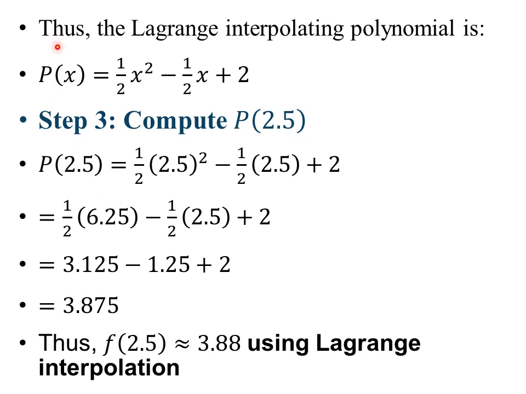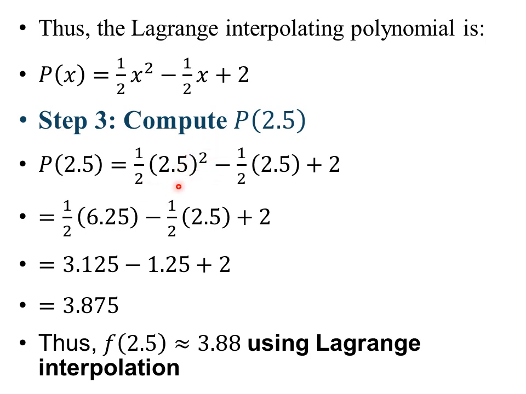Thus the Lagrange interpolating polynomial is as we get in the answer. Now compute P(2.5). These values are given in the question. P(2.5) means in all places of x, we put the value of x as 2.5. Then we simplify 2.5 multiplied by 2.5 because a square is given.